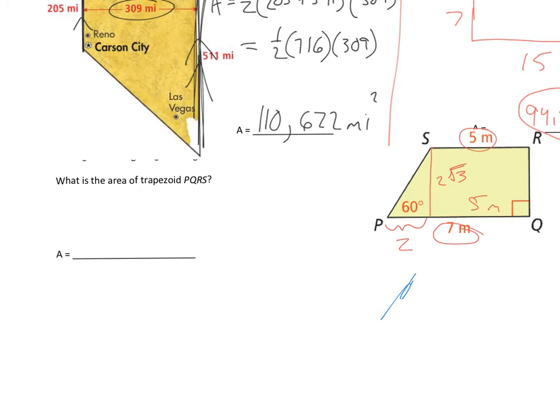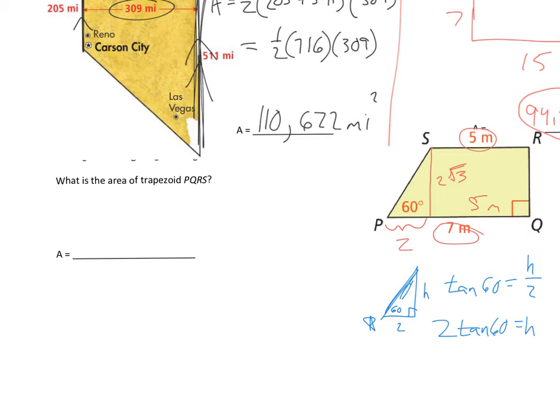So if you have trouble remembering the 30, 60, 90 shortcut, just say, well, relative to that angle, this is 2, that's h, so that would be opposite and adjacent, so that would be the tangent. So the tangent of 60 equals the height over 2, so 2 times the tangent of 60 equals h.